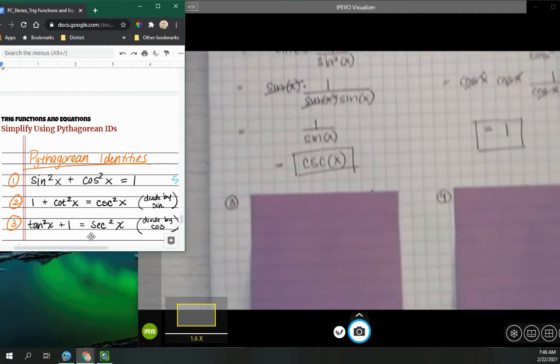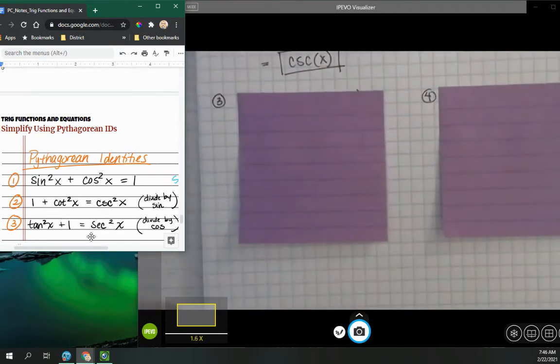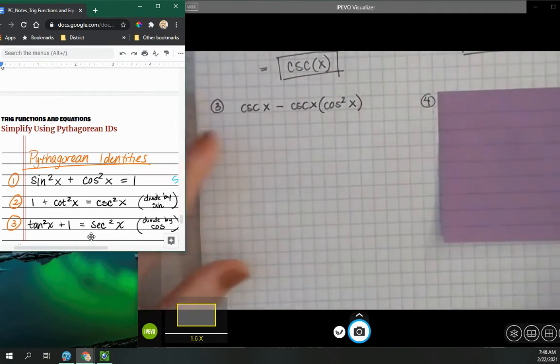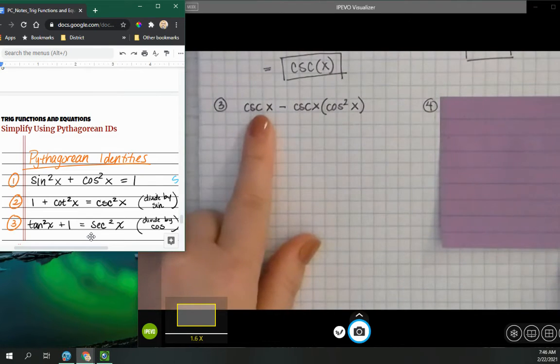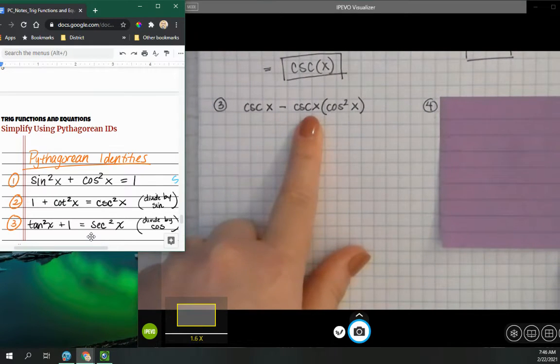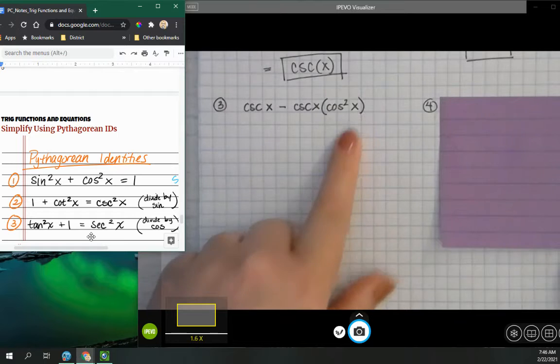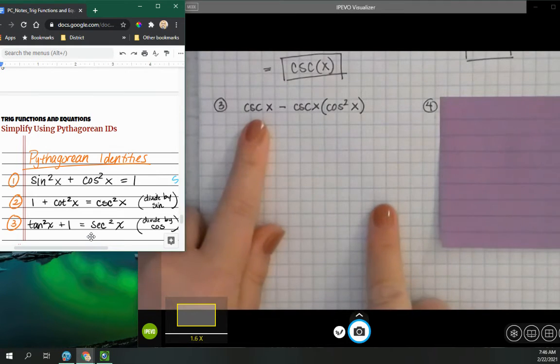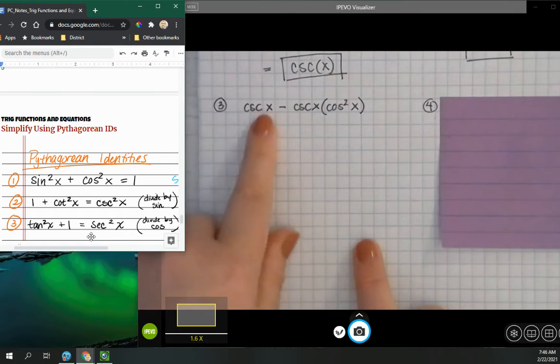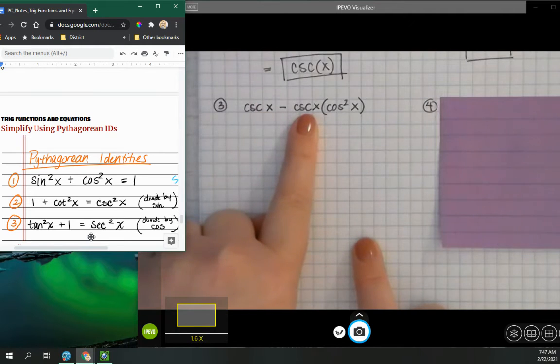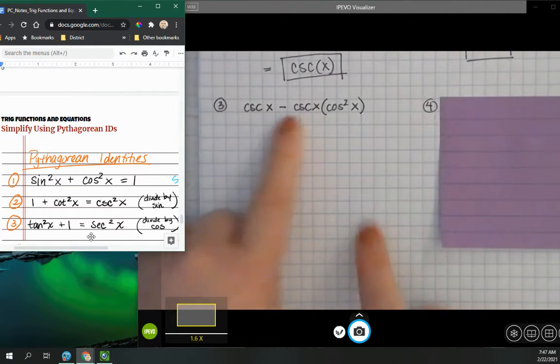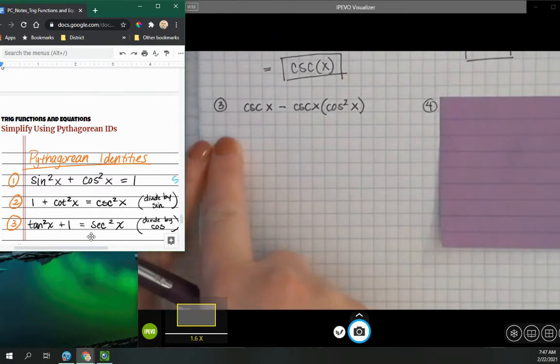All right, moving on to example 3. In example 3, I have cosecant minus cosecant times cosine squared. Something to point out, I noticed that the exact same trig value is in the beginning and in the second term, which means I can take out a cosecant.